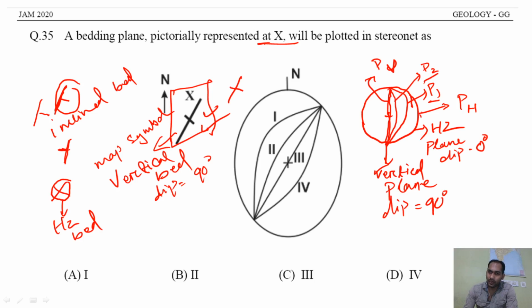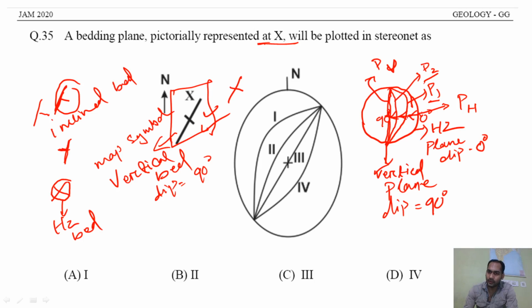If it is 0 degree, PH is having a dip of 0 degree, PV is having a dip of 90 degree. So as we move from the outer circle to the center, the dip is increasing. As we move from here to here, the dip is increasing in this direction. This is 0 and this is 90.